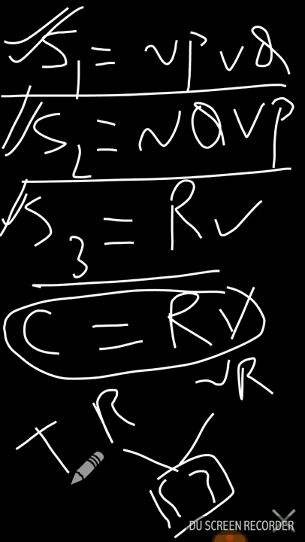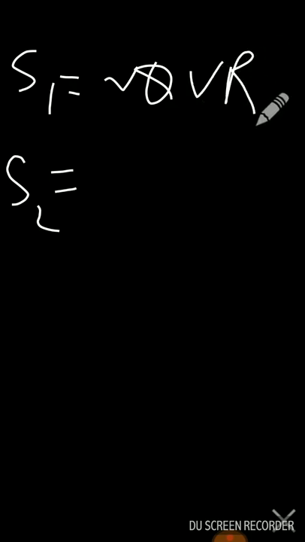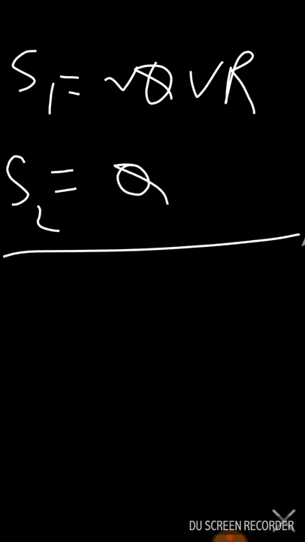Now suppose we don't have S3, we can consider another example. Suppose S1 is negation of Q disjunction R, and another one, S2, is Q. These two statements are already in clausal form, already disjunctions, so we don't have to change them.